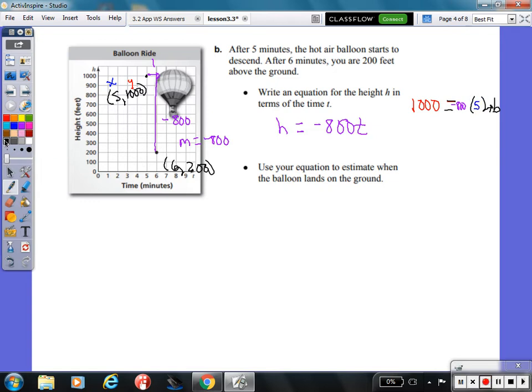And now let's go ahead and solve. So we have 1,000 still on that left. Remember, multiply negative 800 times 5 is negative 4,000 plus b. To get rid of that negative 4,000, we'll add 4,000. So b will equal 5,000.